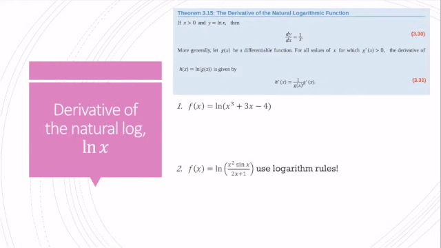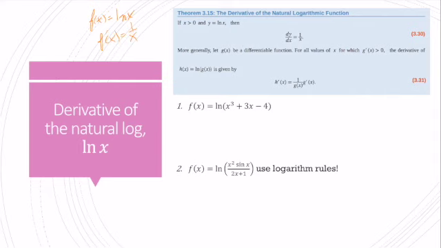Next, I want to talk about the derivative of the natural log. The derivative of the natural log of x is 1 over x. So if I have f of x equals the natural log of x, my derivative is just going to be 1 over x.